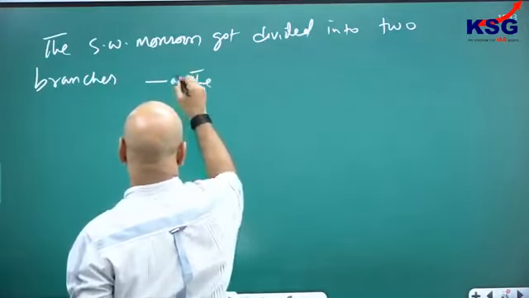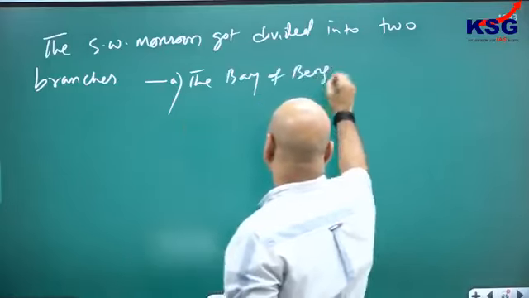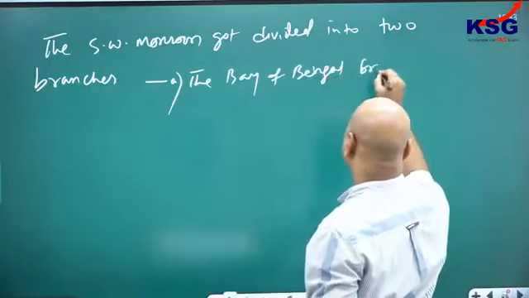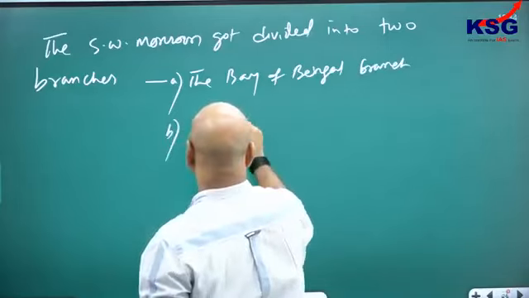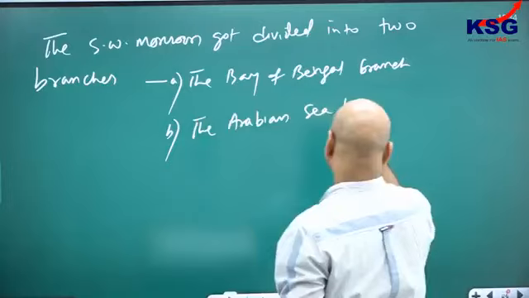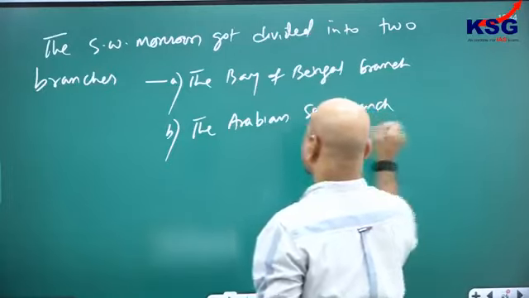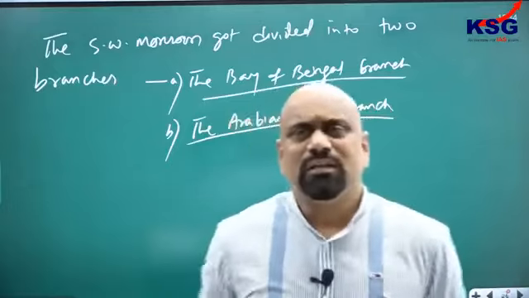The Bay of Bengal branch, and the second is the Arabian Sea branch. दो branch में आ जाते हैं ये Arabian Sea branch and Bay of Bengal branch.